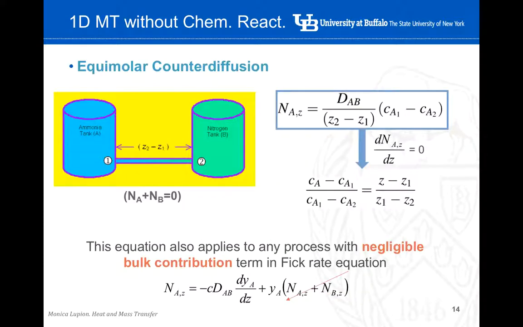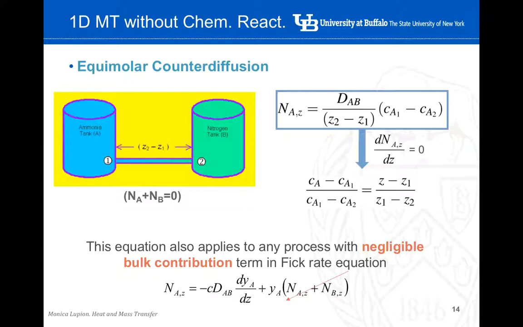What happens if we apply this boundary condition and we solve the equation? Well, then this is a requirement that all the systems having equimolar counterdiffusion must comply with. So the difference in the concentrations has to be the same as the difference amongst the position zeta.